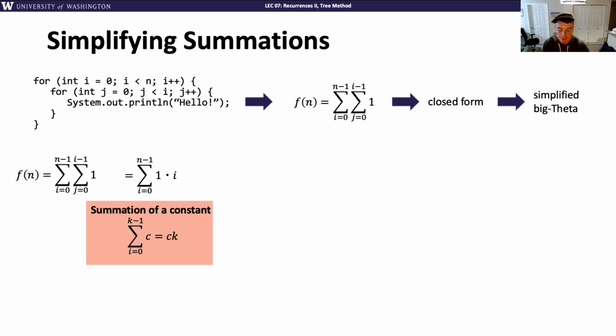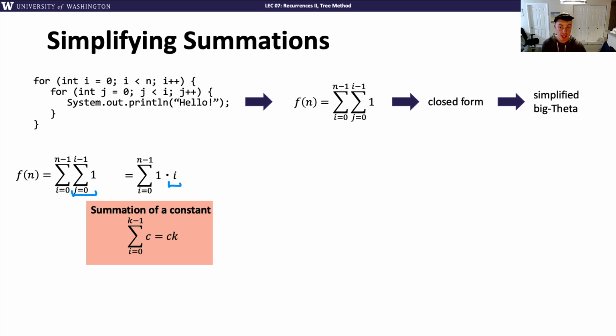So we're going to collapse this inner loop right here because it's just adding up the number 1. How many times does it add up the number 1? Well, it adds it up i times: 0, 1, 2, 3, all the way up to i minus 1. That happens i times. So this inner summation is just going to get replaced with the value i. That's a summation identity. We're saying this sum is equal to this value. And then we'll just continue to do that.